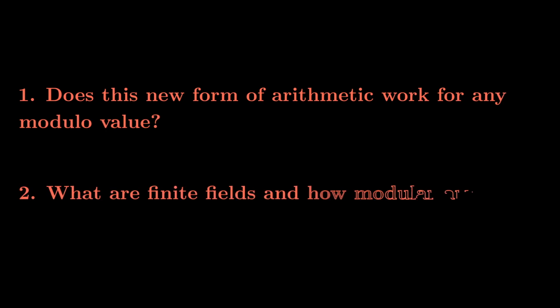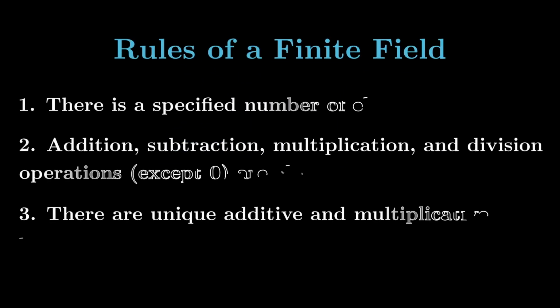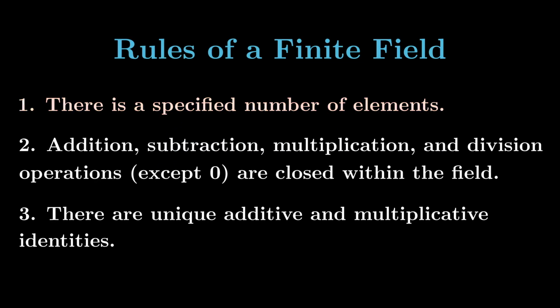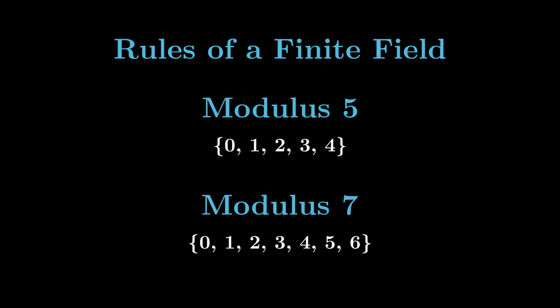Next, let's briefly talk about finite fields. The new form of arithmetic that we just invented using modular arithmetic is one of the examples of a finite field. Any set of numbers, or elements, can form a finite field if it follows the following rules. First, there is a specified number of elements. In our case, the modulus value we chose decides how many elements we will have.